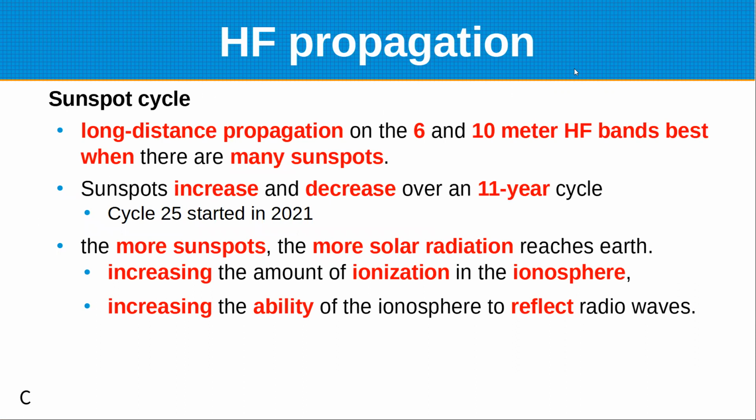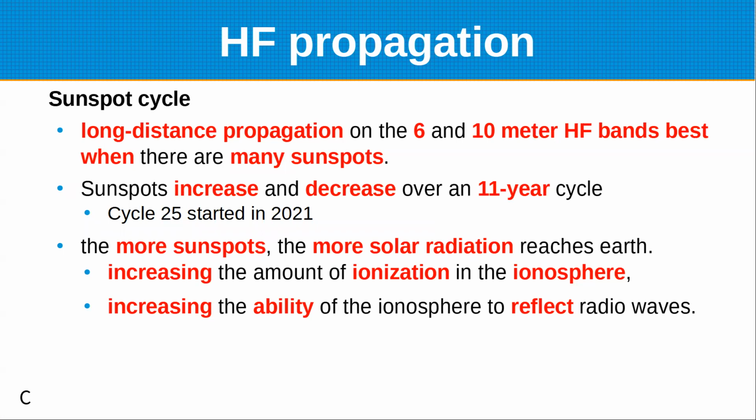Sunspots. Okay, 6 and 10 meter band propagation supposedly is best when there are many sunspots. And there's things where they keep track of that. You can look at it daily, what the sunspot predictions are and what they actually were.